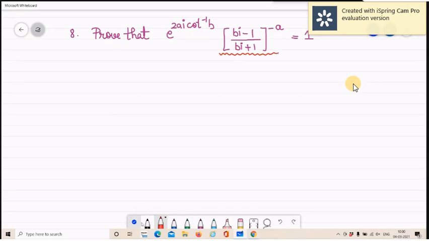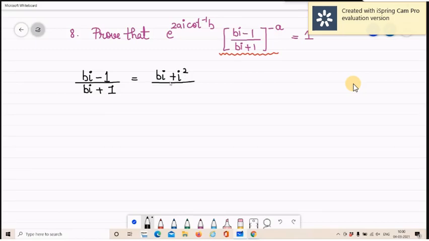Now see the procedure we are following. I am taking only this part, that is (bi minus 1) upon (bi plus 1). Now here you can see it is cot inverse of b that you have. Now what is the next procedure? Minus 1 is written as i square.